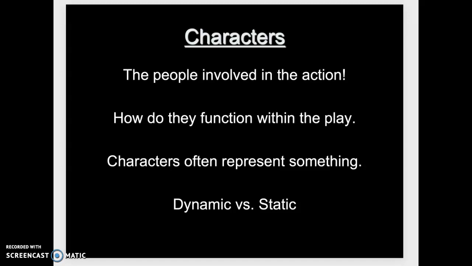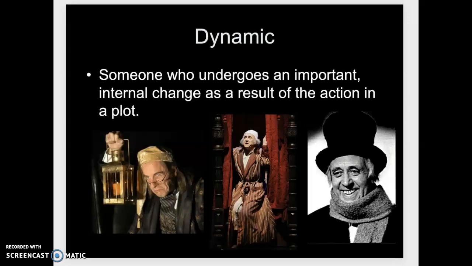The one thing that all characters will fall into is either being a dynamic character or being a static character. A dynamic character is someone who undergoes an important internal change as a result of the action in a plot, right? We see pictures right here of Ebenezer Scrooge. Ebenezer Scrooge is one of the most dynamic characters in the literary canon, right?